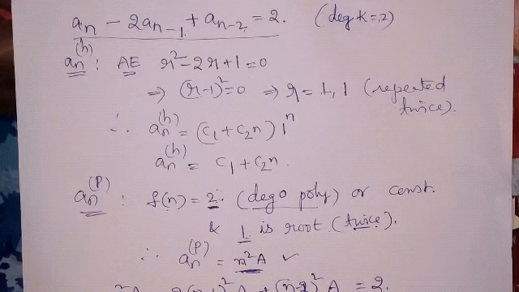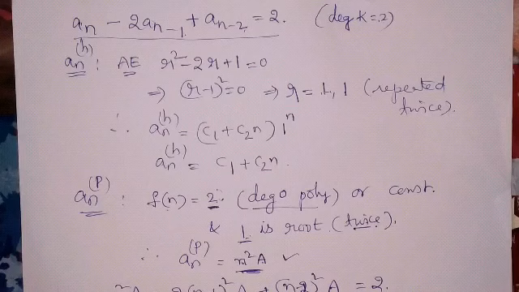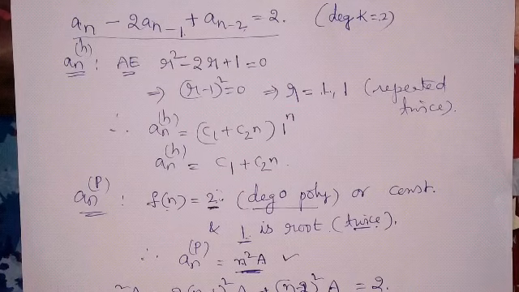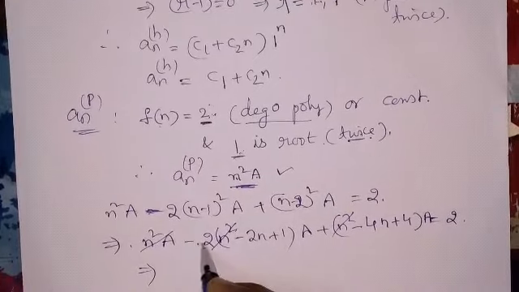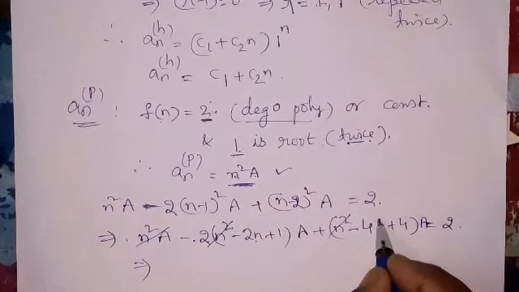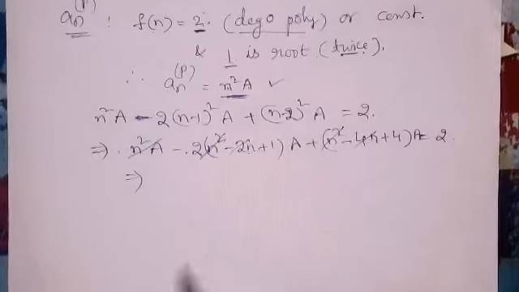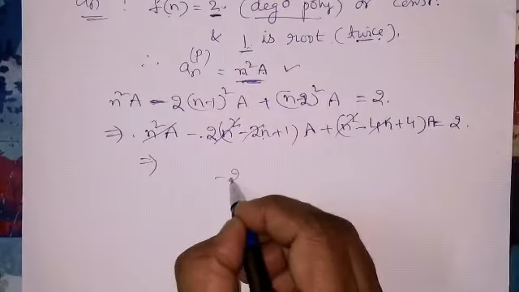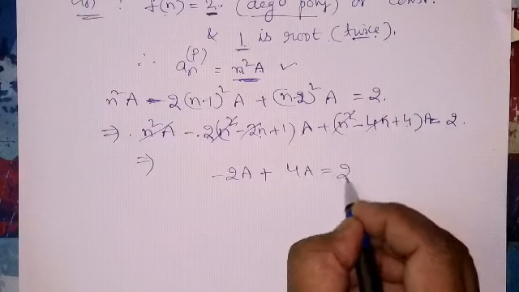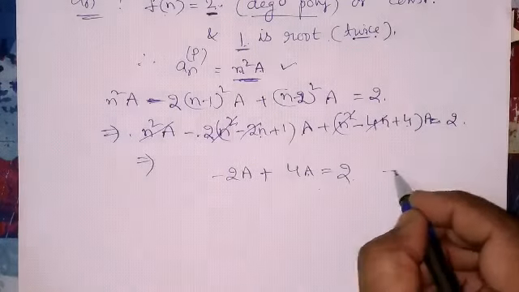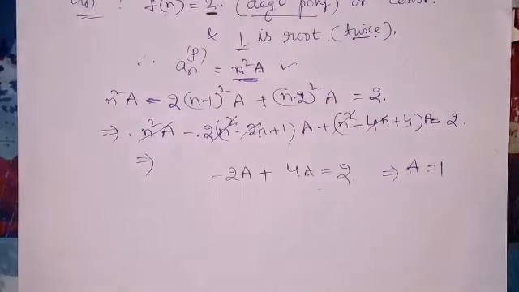So the n square terms cancel, and 4n minus 4n is also cancelled. We have minus 2a remaining plus 4a remaining. So 4a minus 2a equal to 2, the value of a is 1.